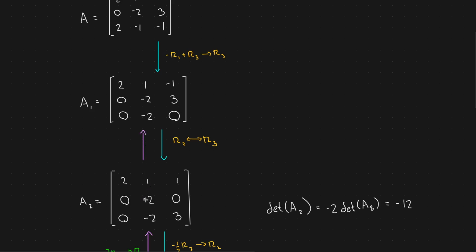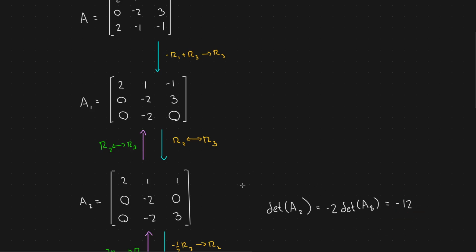How do I go back from matrix A2 to A1? What elementary row operation would I do? How would I invert swapping two rows? Well, if you want to undo swapping two rows, you just swap them back. Okay? So how is that going to affect my determinant?